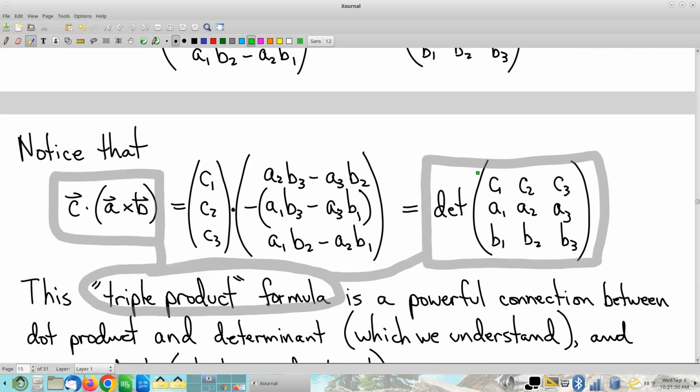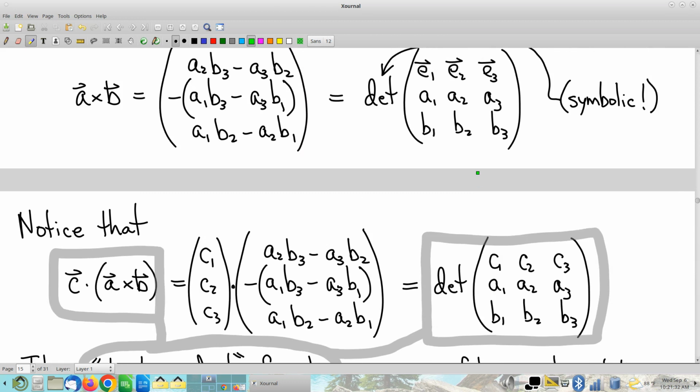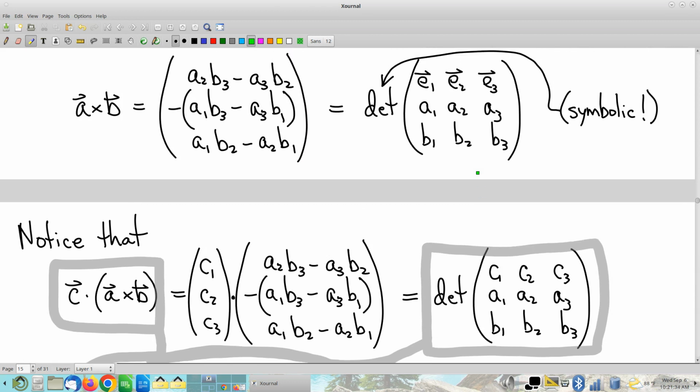So moving along, with this still up on the page, I'm going to point out that some really nice stuff happens when you look at this little construction here. It's a dot product with a cross product. This is called a triple product. This specific arrangement.